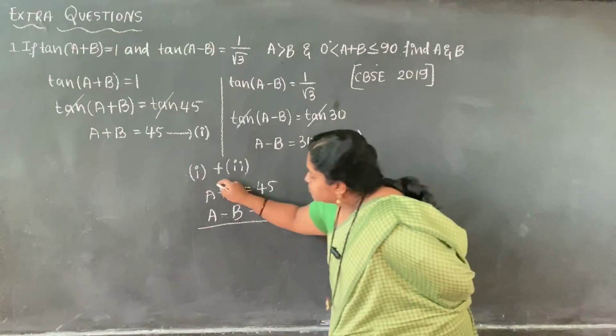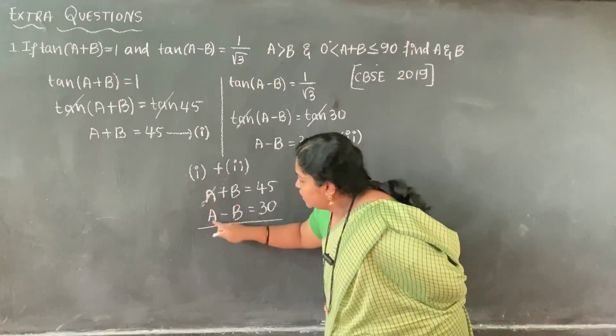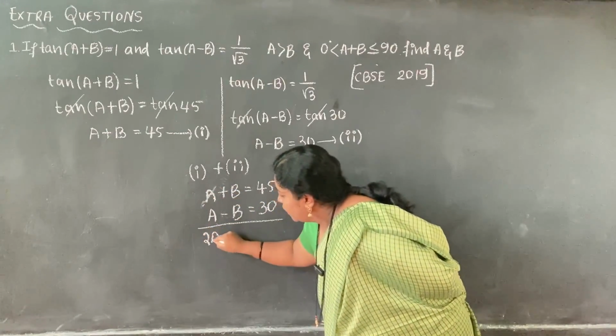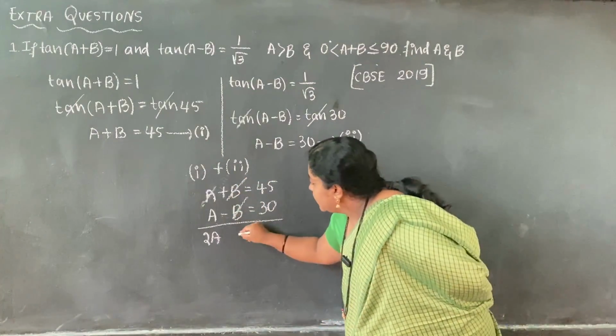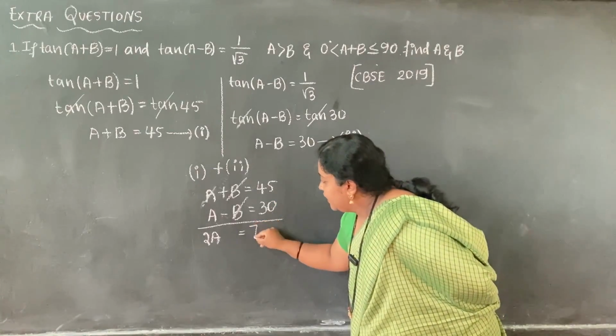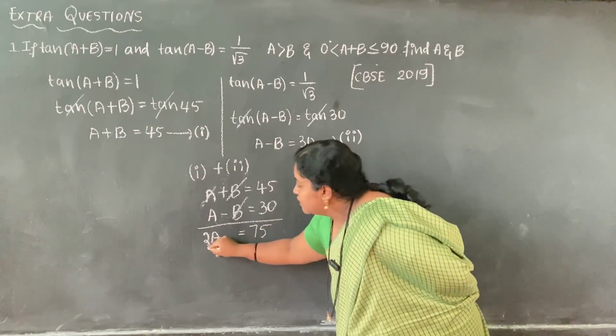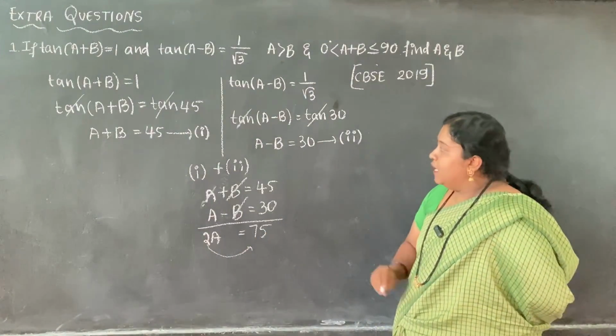Okay. See, a plus a. Since I am adding the equations, a plus a will become 2a. See, minus b plus b cancel each other. Now I am adding these: 45 plus 30 will become 75. Now bring this 2 to this side, and this multiplication 2 will become division.